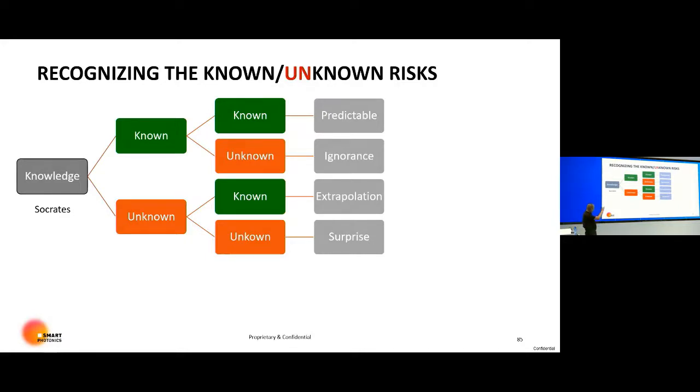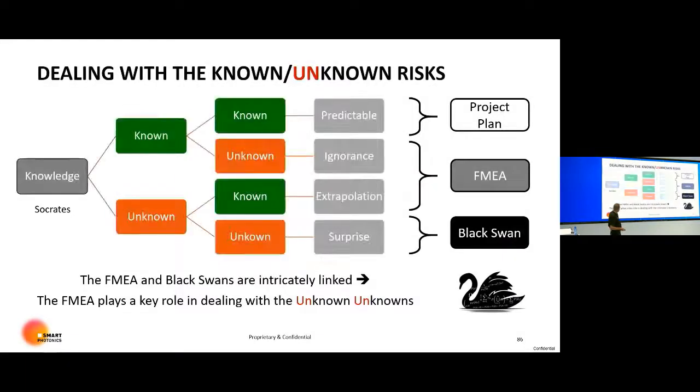Then we have the unknown knowns, and these we can extrapolate from data in an open-minded way, so we can recognize patterns and behavior. But that leaves us with the unknown unknowns, and these are the complete surprises, as I showed in my short introduction. So this is the complete space we have.